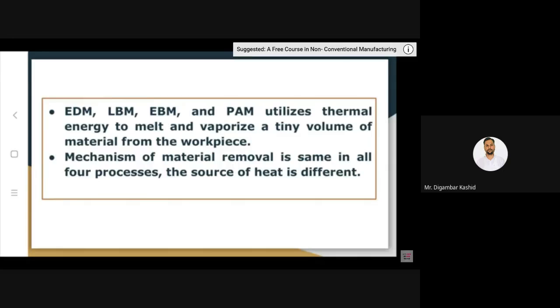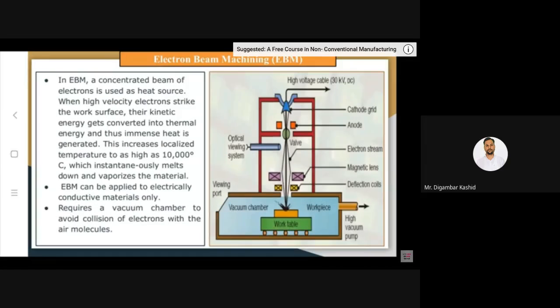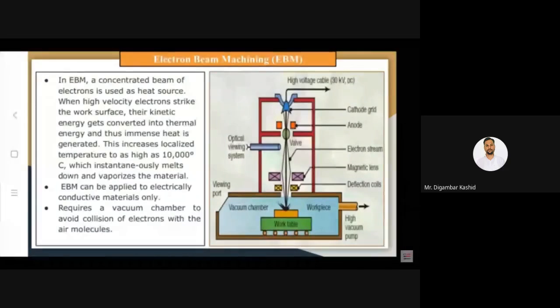So first we will take a summary of the EBM process. In the EBM process, a concentrated beam of electrons is used as the heat source. You can see in this diagram that the source of heat is electrons, and here ample electrons are first generated using an electron gun, and then these are accelerated in an electrical field under the presence of a potential difference.